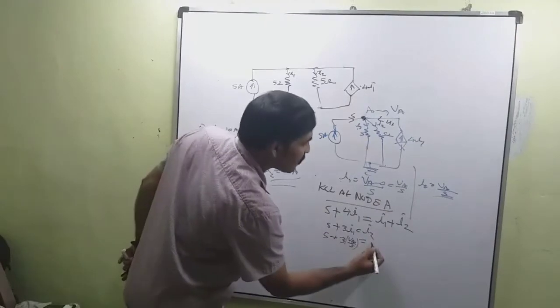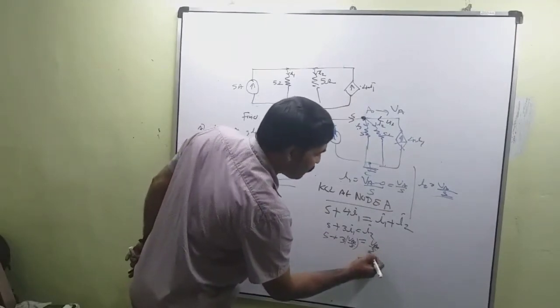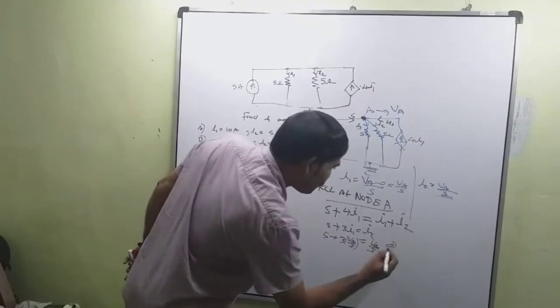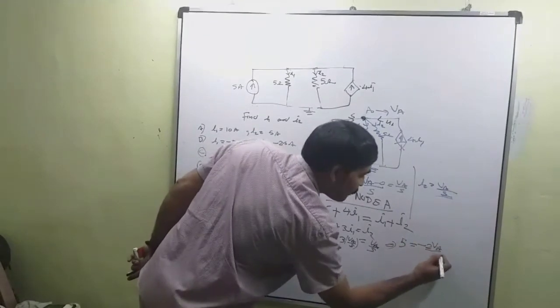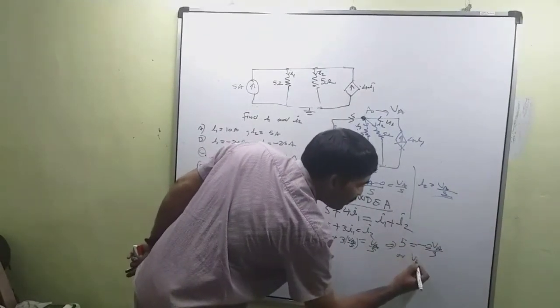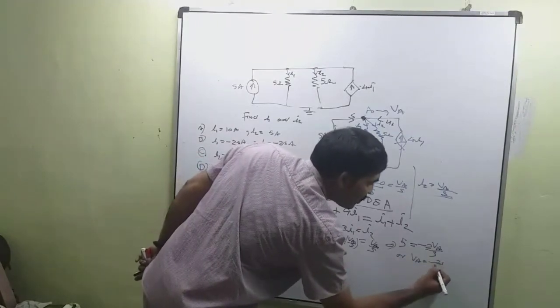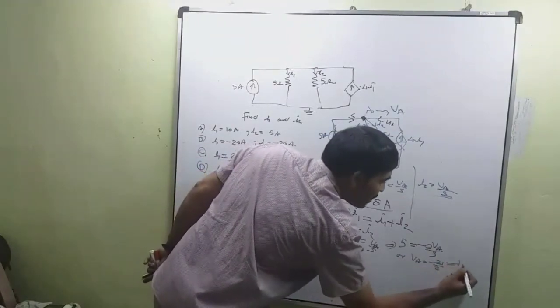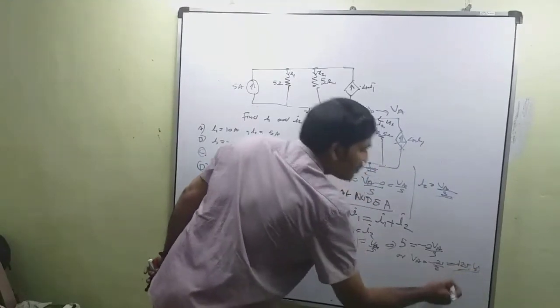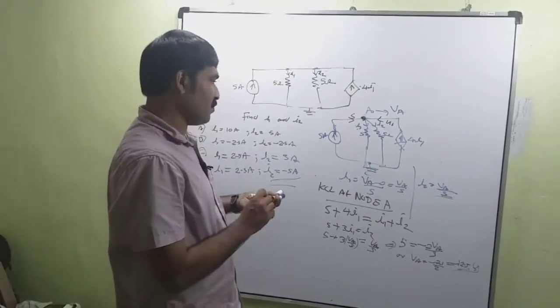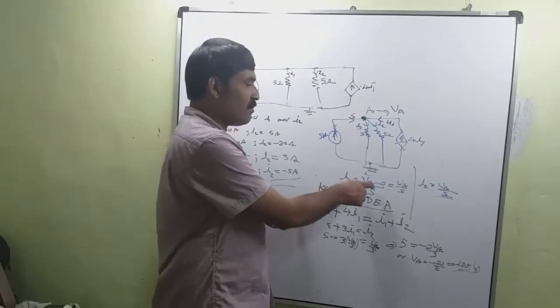I2 is VA by 5. This implies 5 is equal to minus 2 VA by 5, or VA is equal to minus 25 by 2, that is equal to minus 12.5 volt. This is VA. Therefore, I1 is equal to VA by 5.